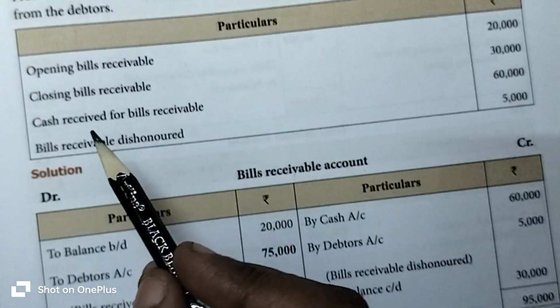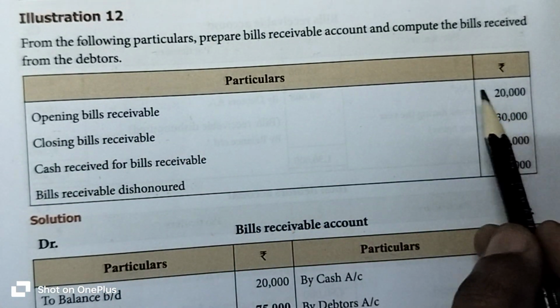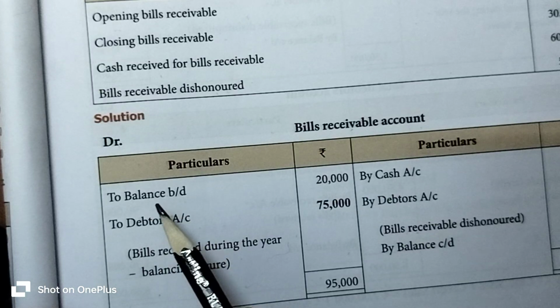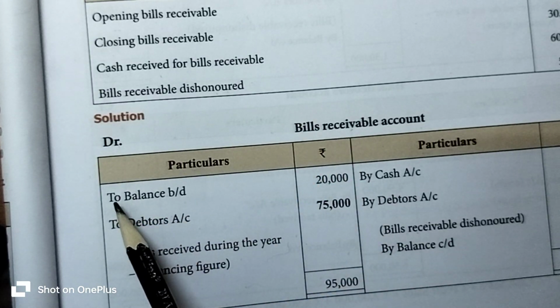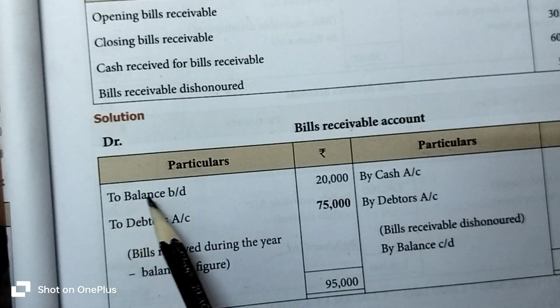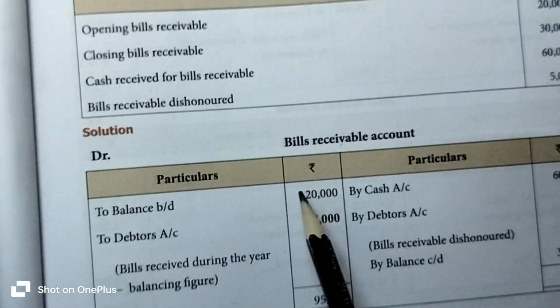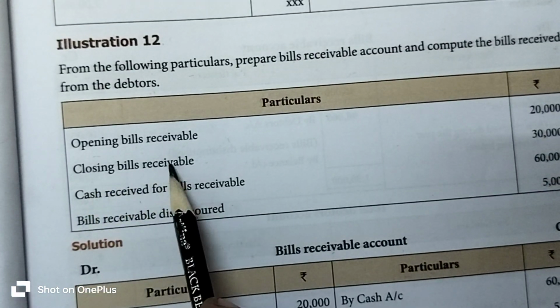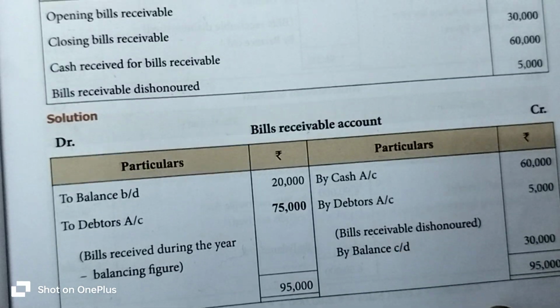Then the opening balance. Opening bills receivable 20,000 rupees. The opening balance always starts on the debit side. In the bills receivable account we write "To balance brought down", that means the opening balance of the bills receivable, 20,000, entered. The closing bills we will write finally.